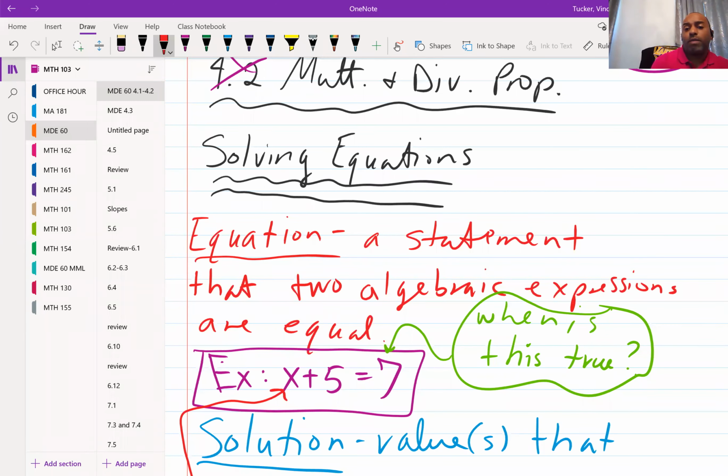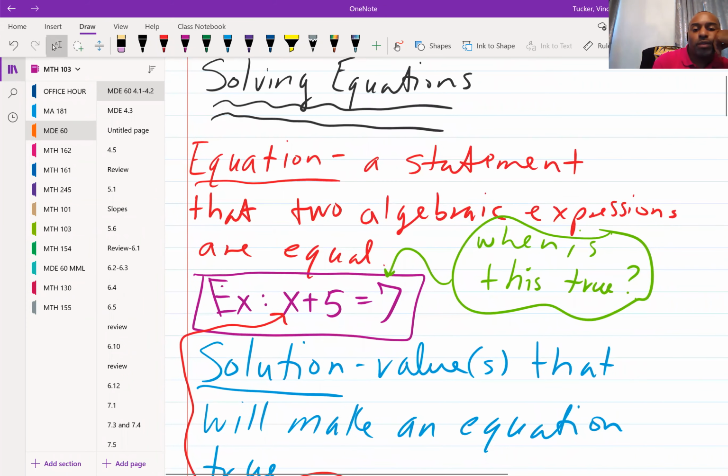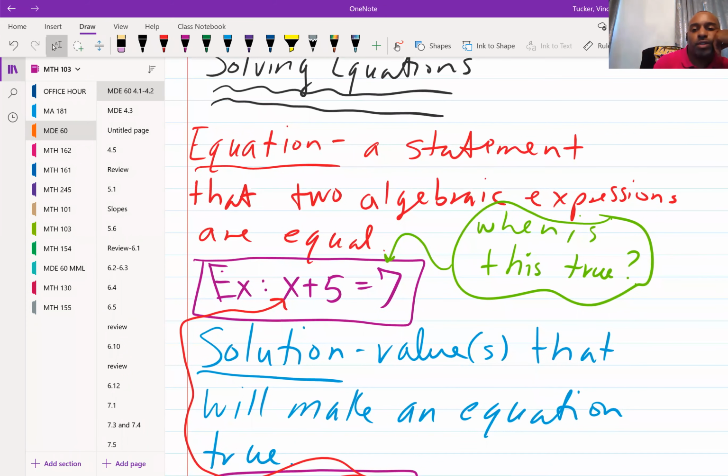So now when you're solving them, you're asking yourself, when is this statement true? When is this equation true? And that's going to be the solution. When you answer that question correctly, you have the solution. So that will be a value or values that will make that equation true.